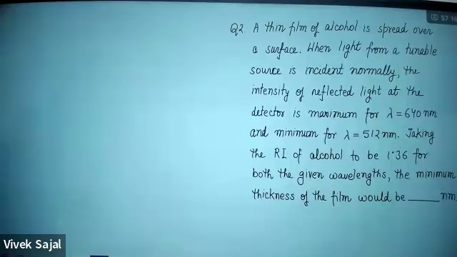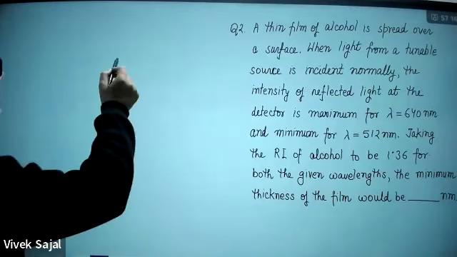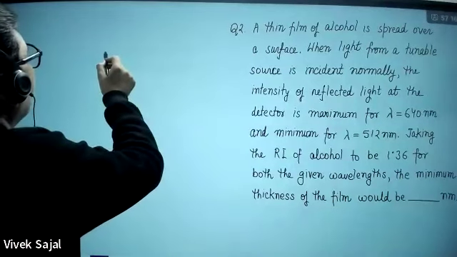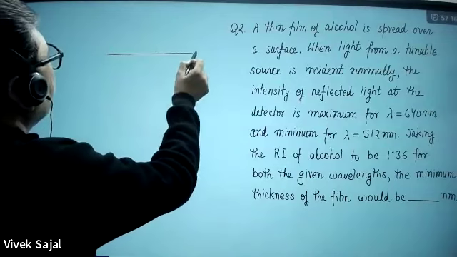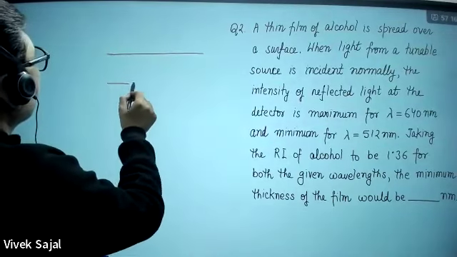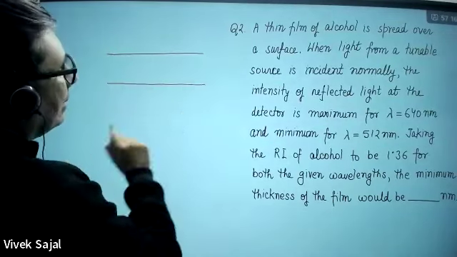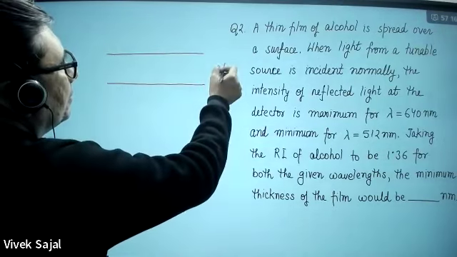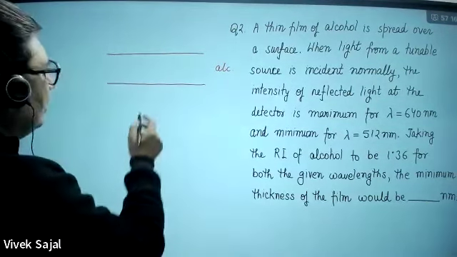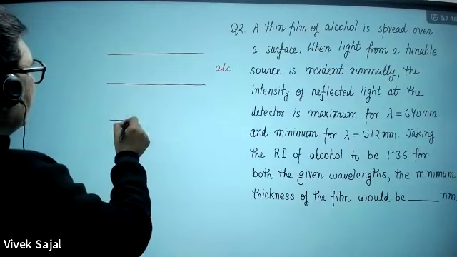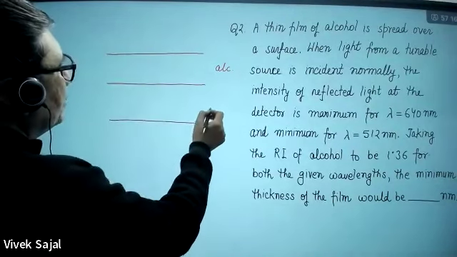This is a very good question. So here the film is made up of alcohol. Here this is alcohol, and here this will be some substrate. I'm saying this is a glass substrate.